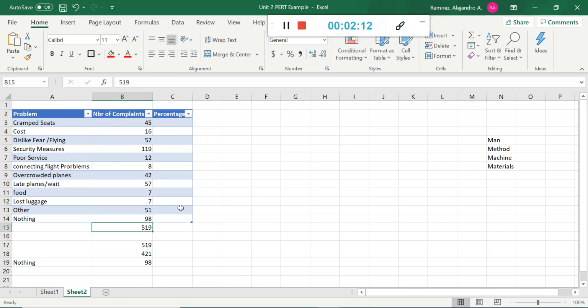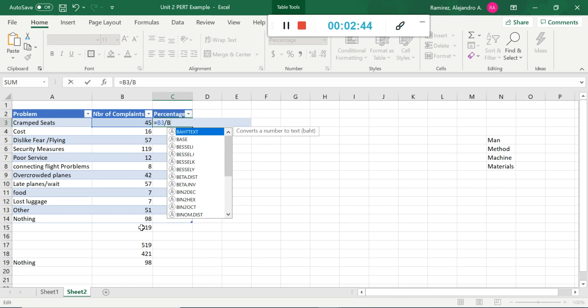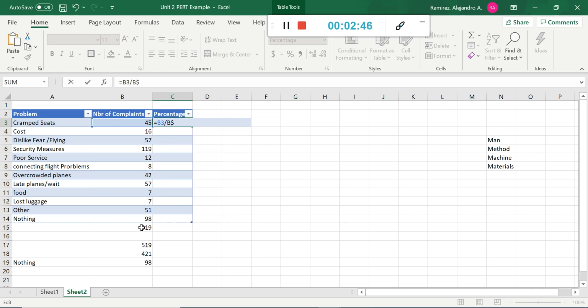Okay, so then I have to calculate, based on percentage, how much each one of them is out of the 100%. So what I'm going to do is this one, this cell. Let me make it easy for you. Equals B3 divided by this one, which is B. I need to put this one here to lock that, otherwise just follow it.